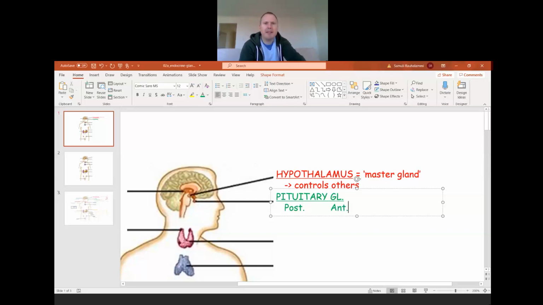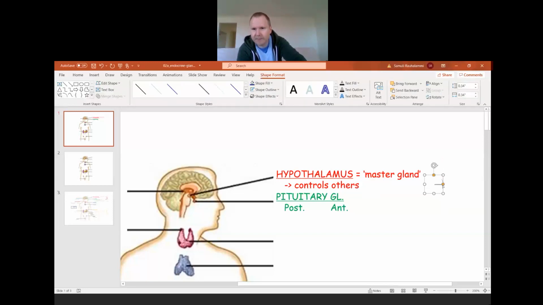And we remember that the signals that we receive from the hypothalamus normally act on the posterior lobe of the pituitary gland.